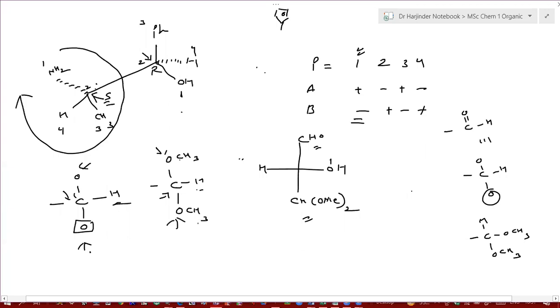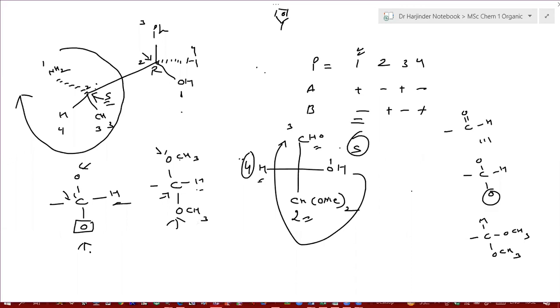So out of ghost oxygen and actual oxygen, which will get higher preference? Actual oxygen. An actual atom will get higher preference as compared to a ghost atom. Okay, so second, third, moving clockwise, hydrogen above the plane, fourth group, so it is S. Is it clear? Yes, sir.